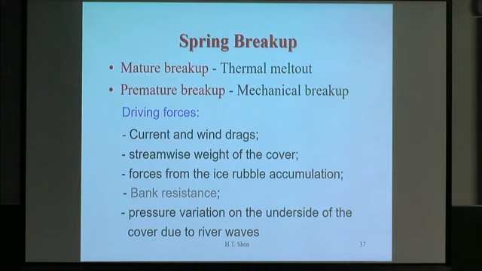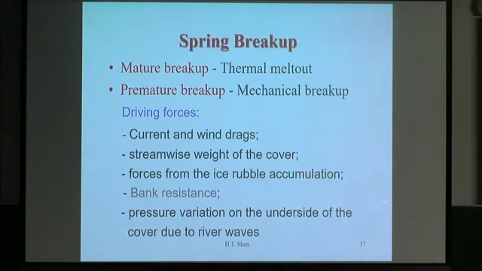Now we go into the spring breakup, and Steve already gave a very clear overview on what's going on there, and this will probably repeat some of it. Thermal meltout, well, the model can do that now, because we consider all the thermal effects and melt the thickness of the ice cover into almost zero.